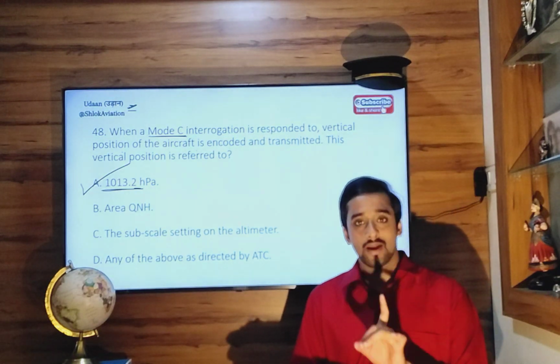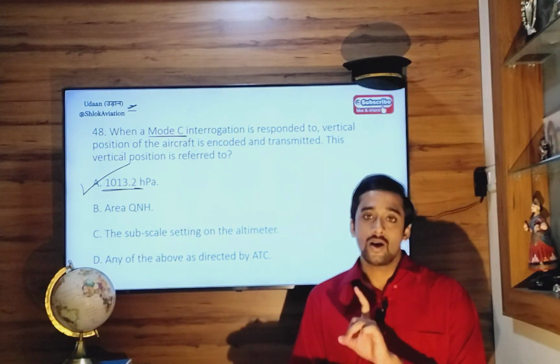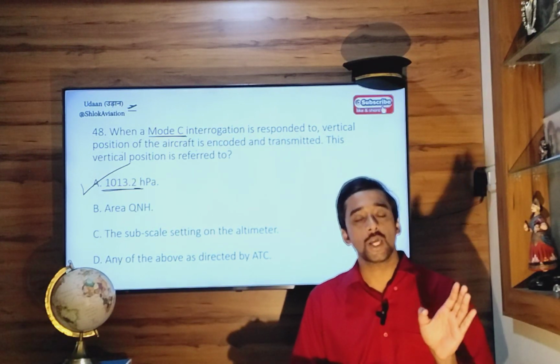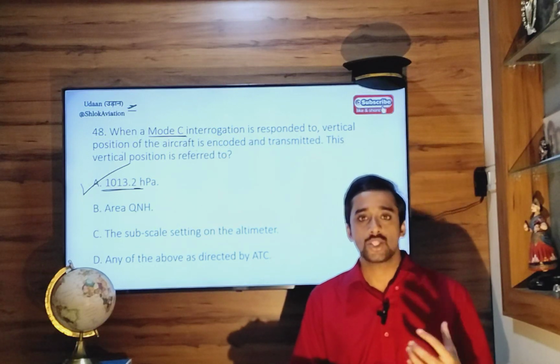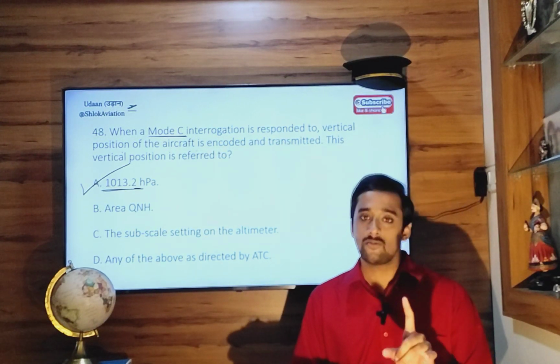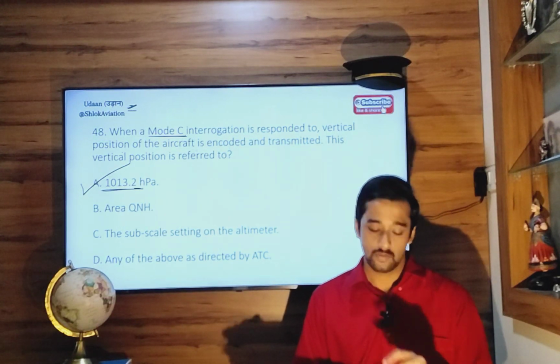This will be irrespective of the altimeter setting in your sensitive pressure altimeter. So whatever altimeter setting you have put in your altimeter, QNH, regional QNH, QFE, doesn't matter. Mode C information will be with respect to standard pressure setting 1013 only.